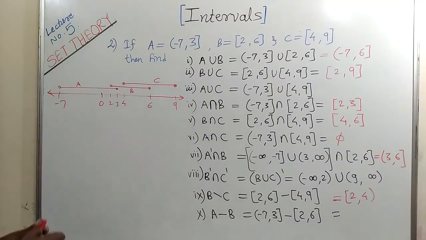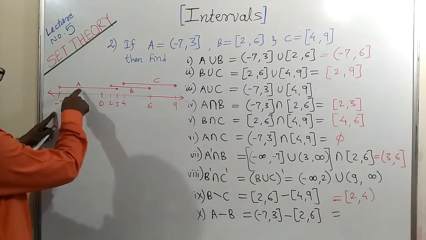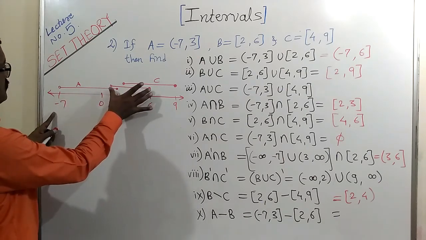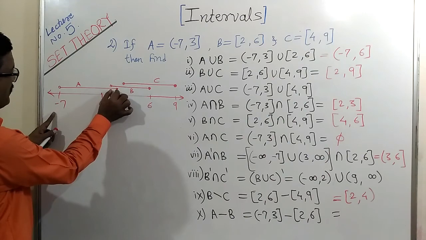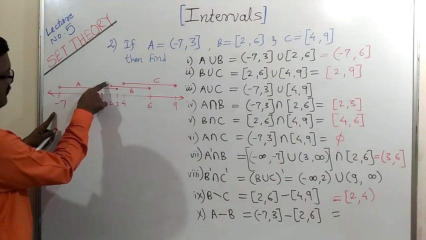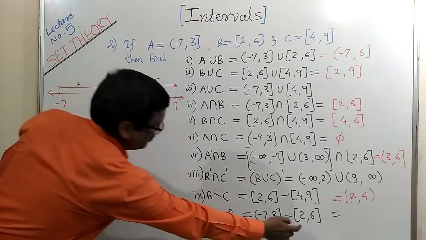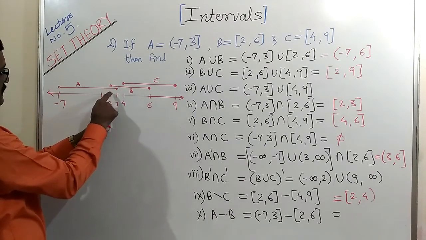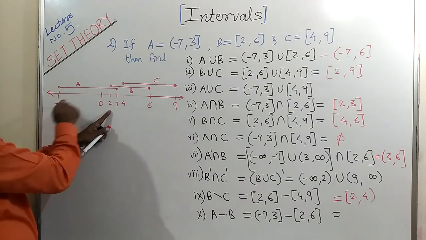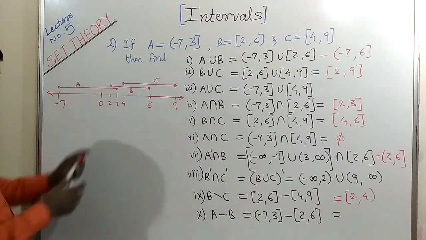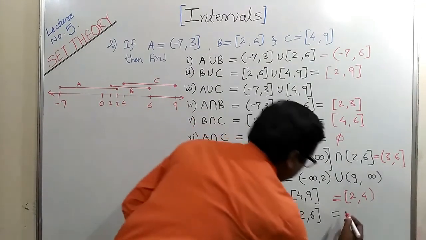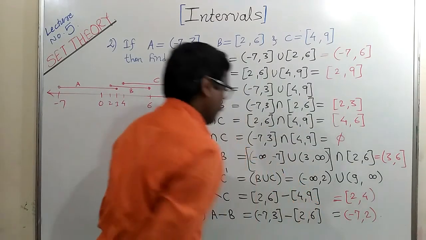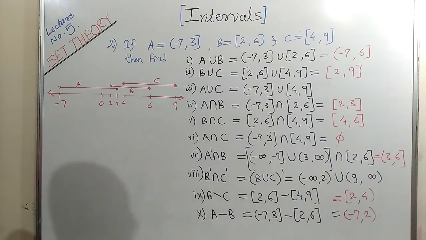So -7 to 3 is set A. Subtract 2, 6 from it. This 2, 6 means this segment. So this much part is eliminated. Here in the closed interval 2, 6, 2 is with that set, so it gets cancelled here. So open 2. The answer will be open -7 to open 2. Okay.